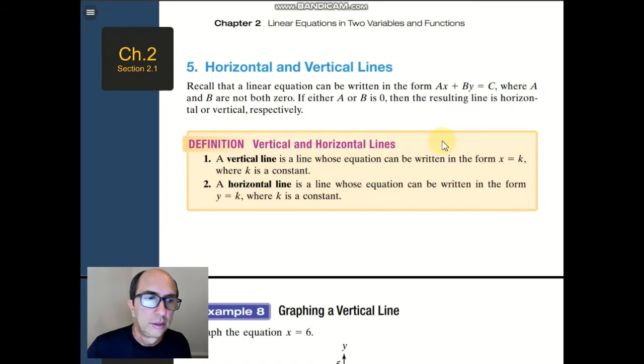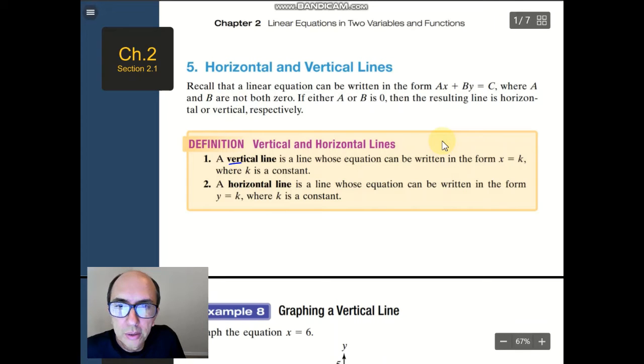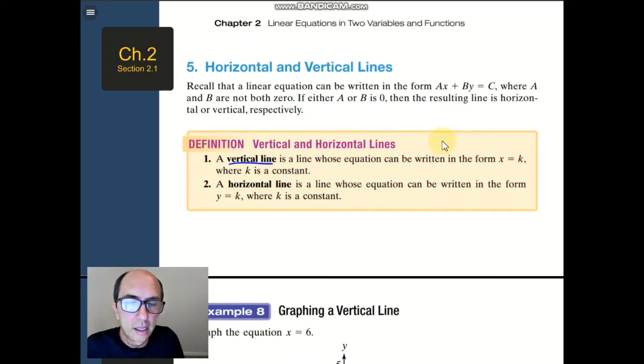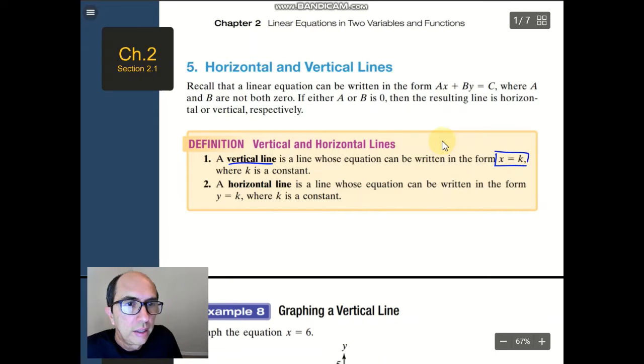Okay, so today is going to be October 9. And the topic of today's class is horizontal or vertical lines. The definition of a vertical line, if we're going to represent it in the rectangular coordinate system, is a representation of the equation in the form x equals k, where k is a number.